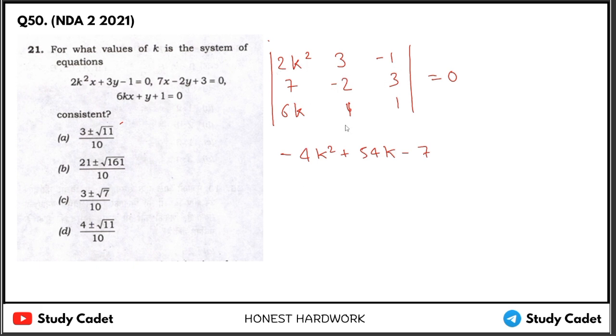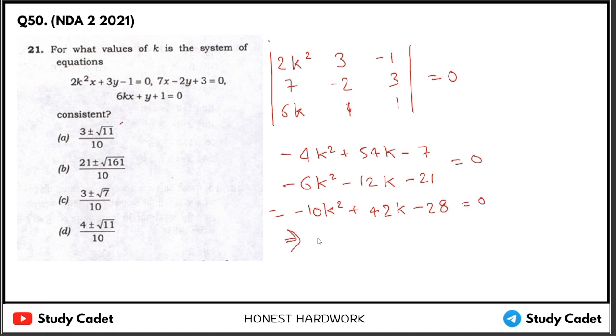Then we have 2k square minus 6k square, then 12 minus 12k, and then 7 3 21 minus 21. Okay, so what will it be? It is equal to 0. Minus 10k square plus 42k minus 28 equal to 0.